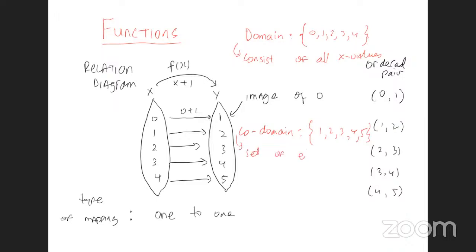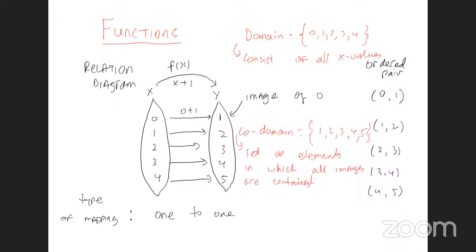The codomain is the set of elements in which all the images are contained.